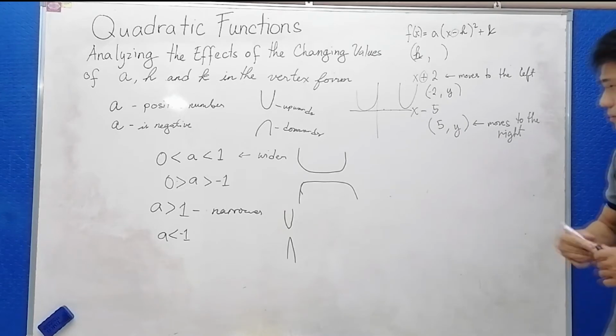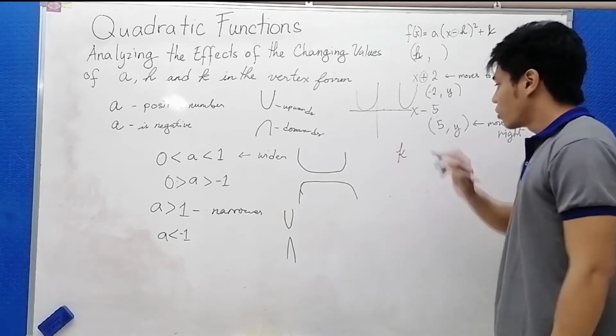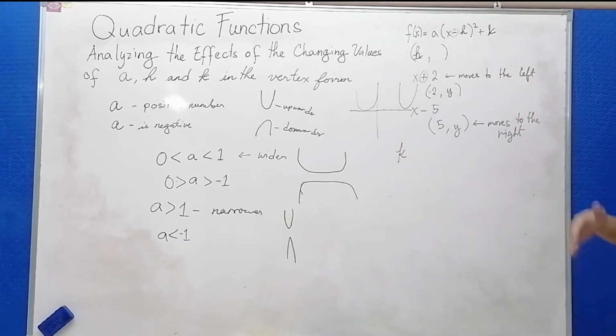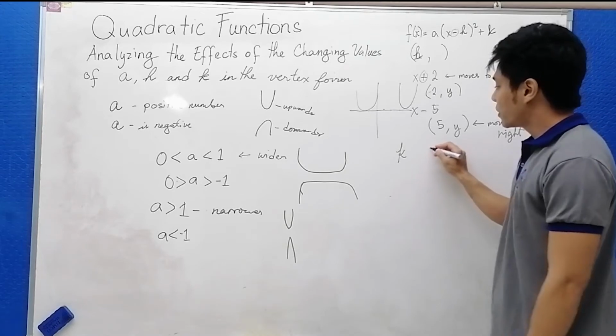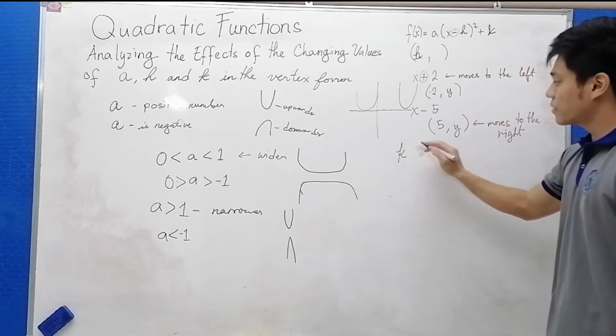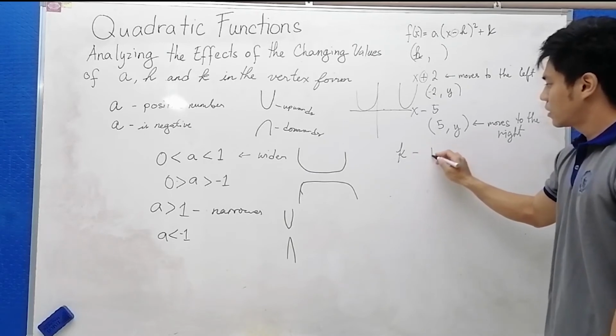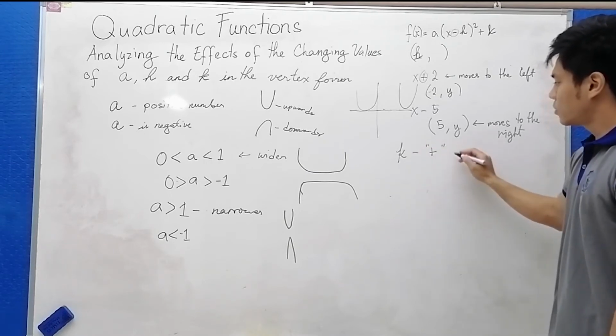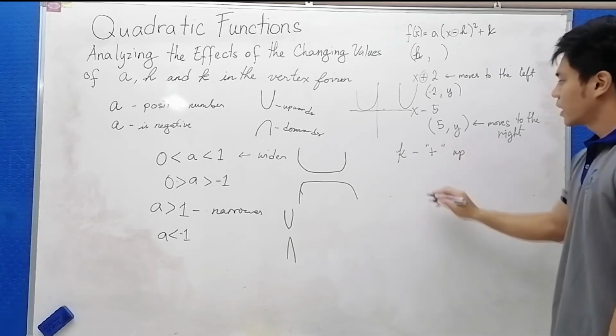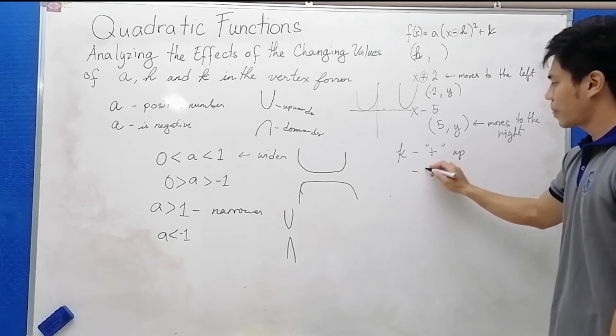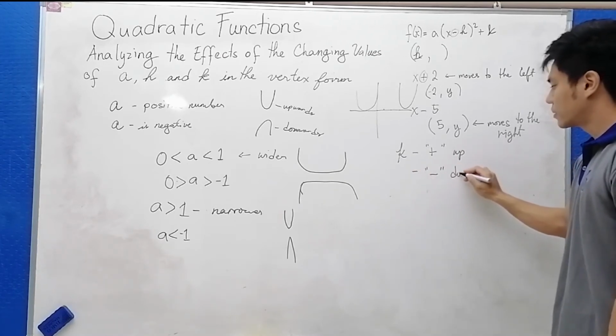And lastly for k, what we can learn from k is that it will be moving up or down because it's dictating the coordinates of y. If k is positive, it moves up. And if k is negative, it moves down.